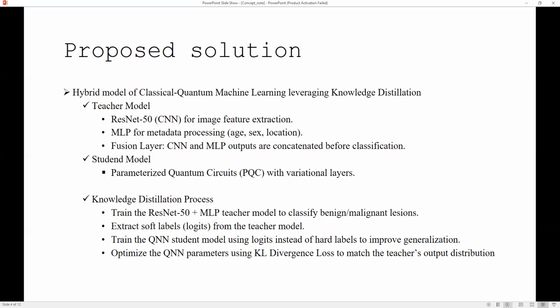It then extracts soft labels from the teacher model, which are passed on to the quantum neural network, which is trained accordingly using KL divergence loss to match the teacher's output distribution. After this training, you would realize that the accuracy of the model, compared to if we were not using a quantum model, is going to increase highly, as we shall see when we implement the project.